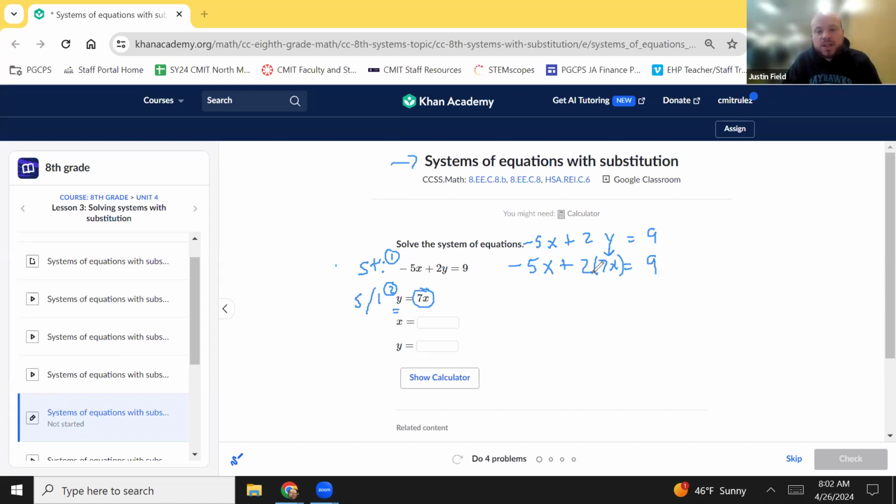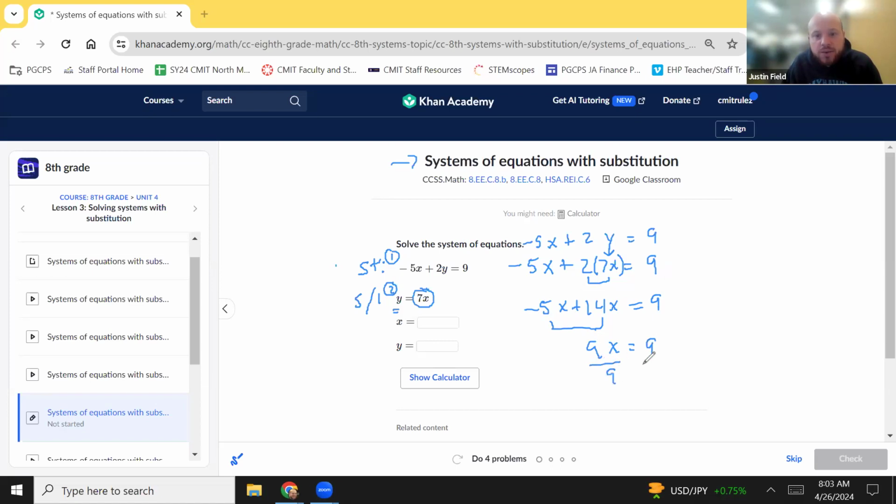So we got to simplify on the right side. 2 times 7 is 14. So now I'm doing that one simplification, bringing everything else down, and I have negative 5x plus 14x. We can combine those like terms. That would be 9x equals 9.